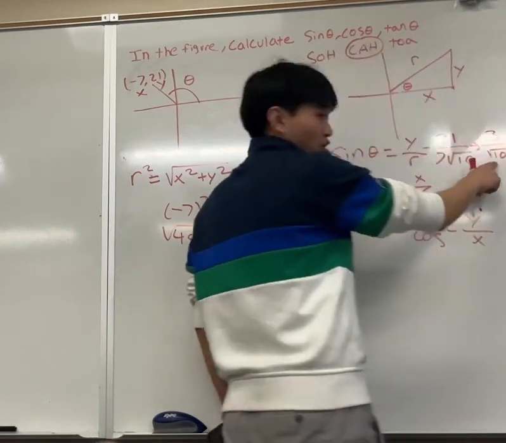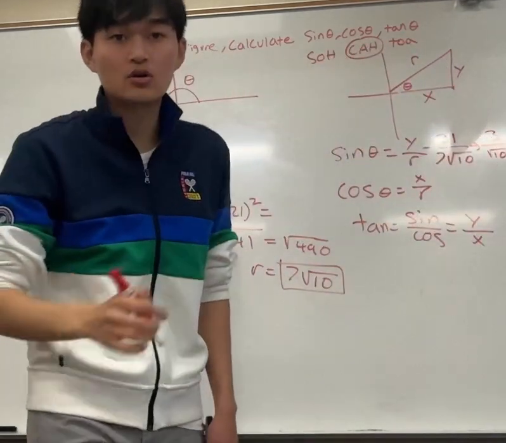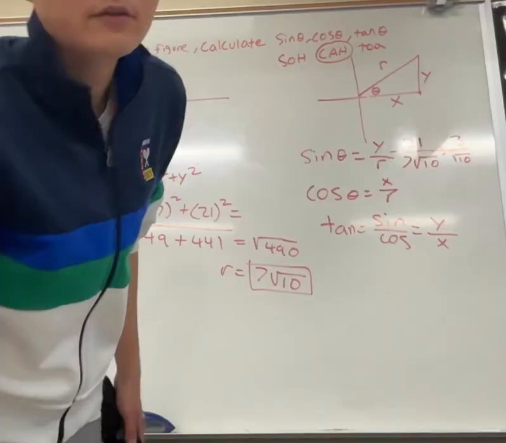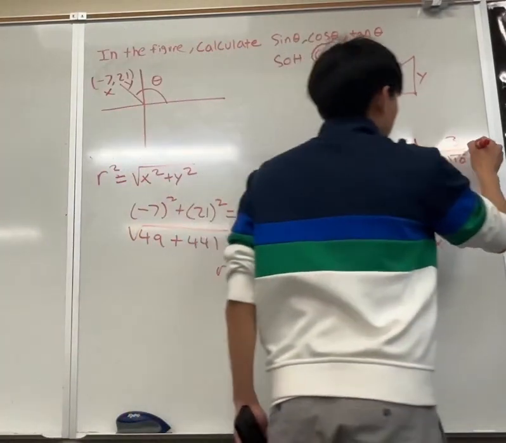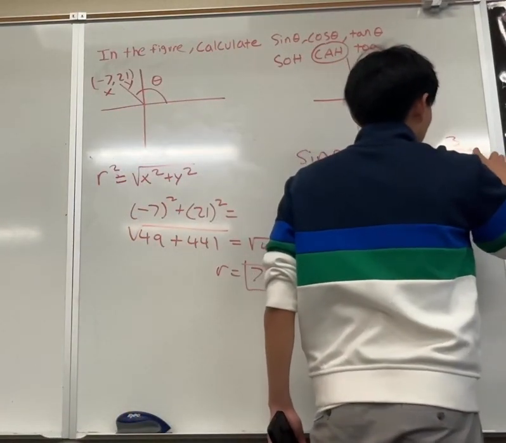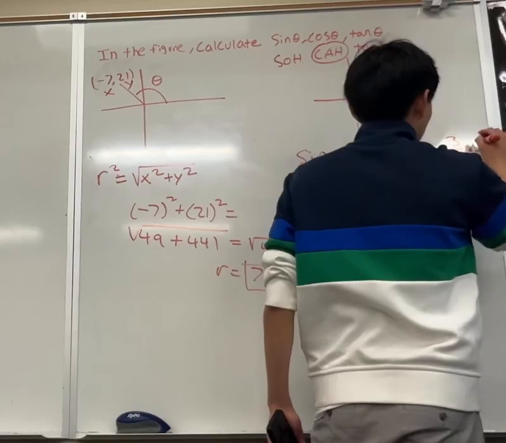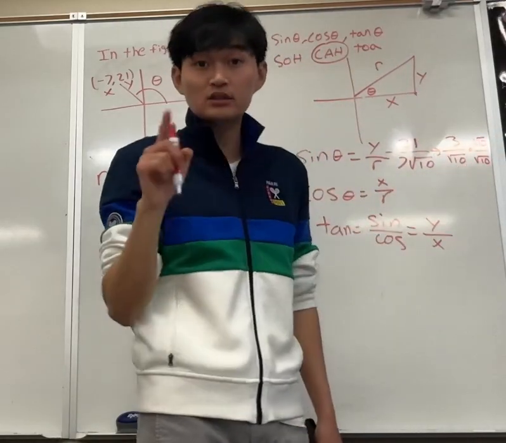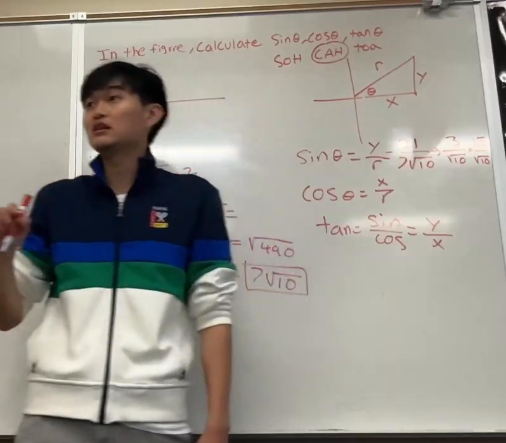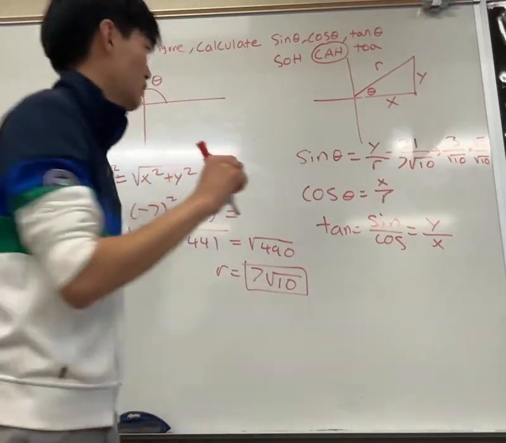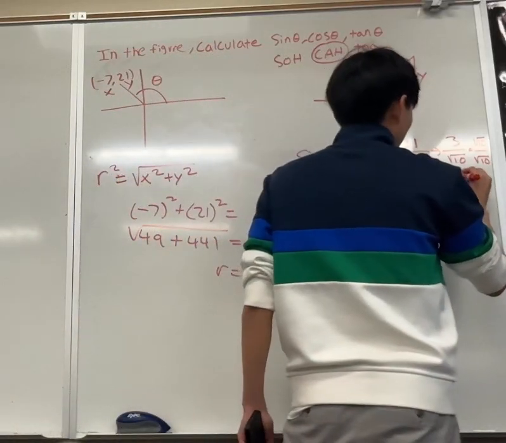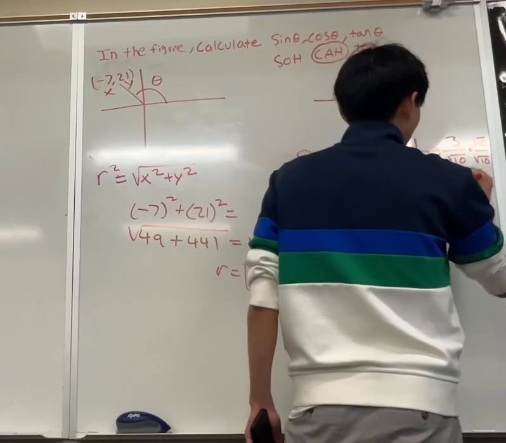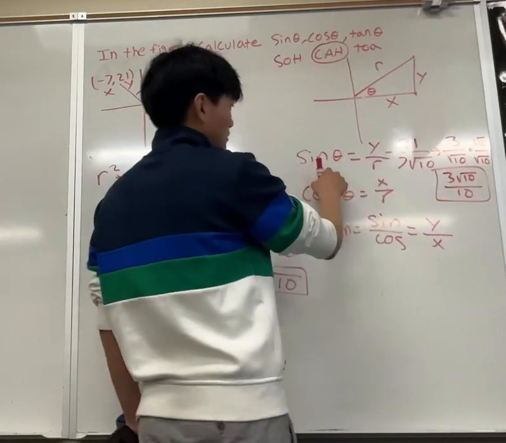And I can't have a radical in my denominator, so what do I have to do there? I have to multiply this by rad 10 on both sides. Rad 10 times rad 10, that's rad 100, and rad 100 equals 10. So my bottom would be 10. So 3 rad 10 over 10 would be sine theta.